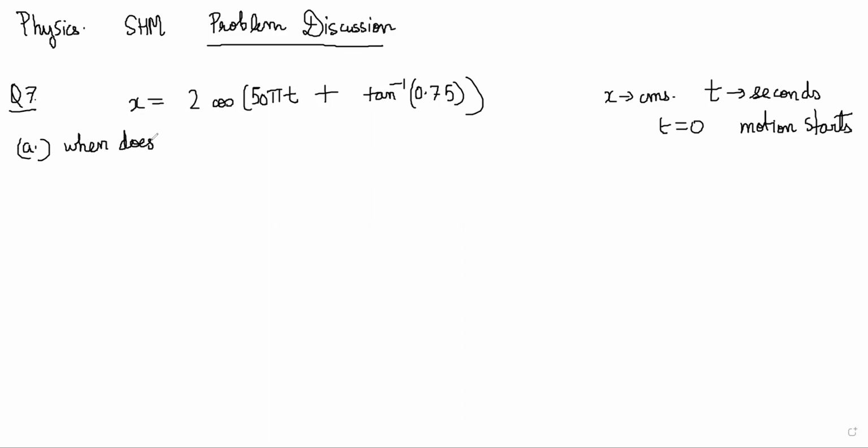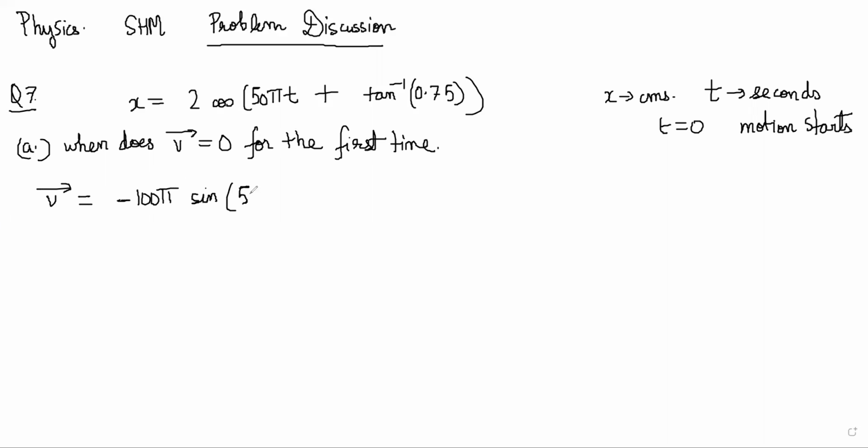So when does velocity become 0 for the first time, right? First you should get the velocity function, and after that you can figure it out. Velocity will be the differentiation of this, so it will be minus 100 pi sin(50 pi t plus tan inverse 0.75).